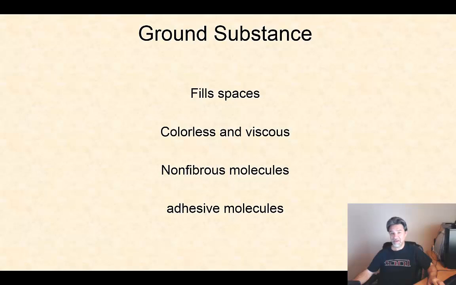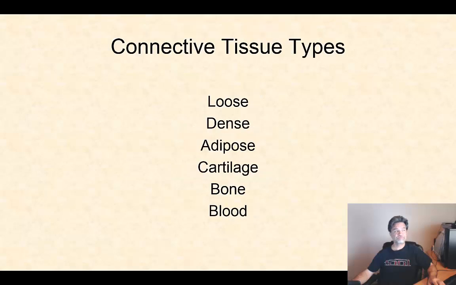It's a polysaccharide. All right, so this is going to be a means of supplying energy and so forth. And then a class of molecules called proteoglycans. These are the ones that determine the consistency of water. And finally, there are many adhesive molecules that provide some type of consistency for the ground substance.